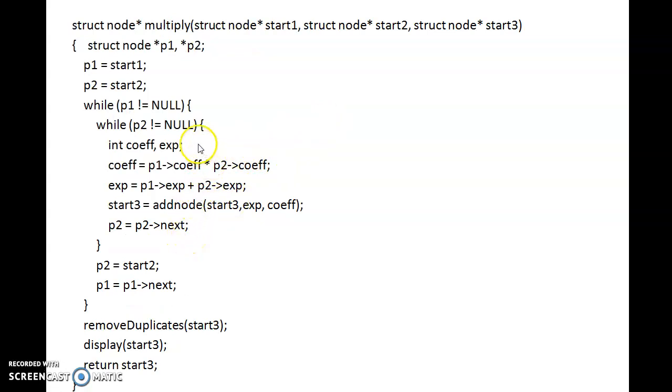Like this, one node of polynomial 1 is multiplied with all the terms of polynomial 2. Then once again P2 starts at the second polynomial's start and P1 goes to the next term. After completion of this, we are removing the duplicates that are present in the third polynomial. That we'll see here.